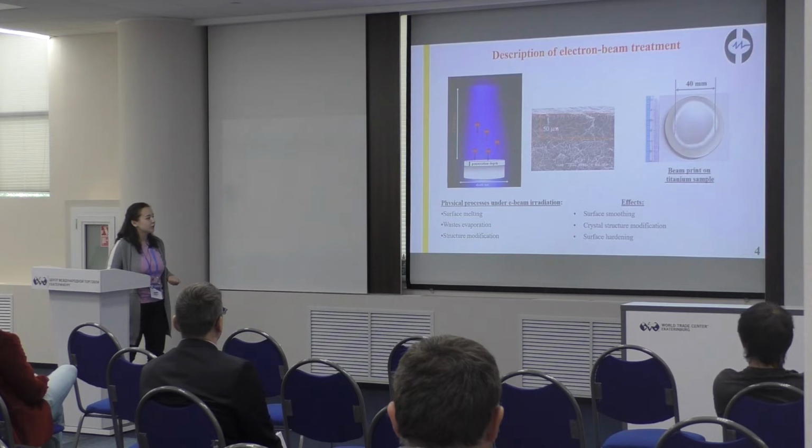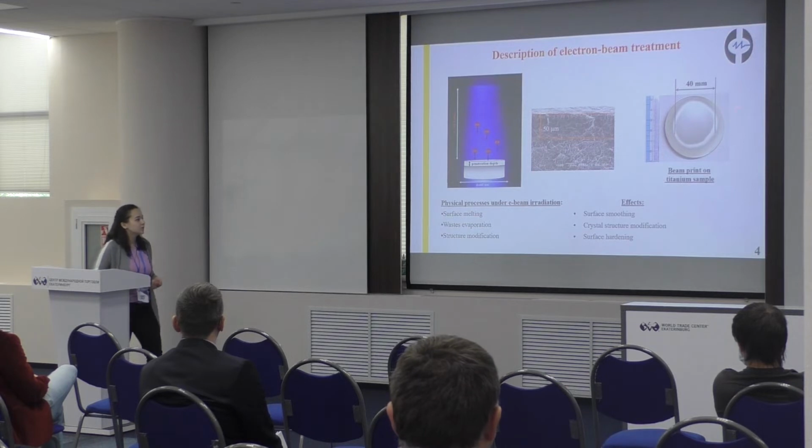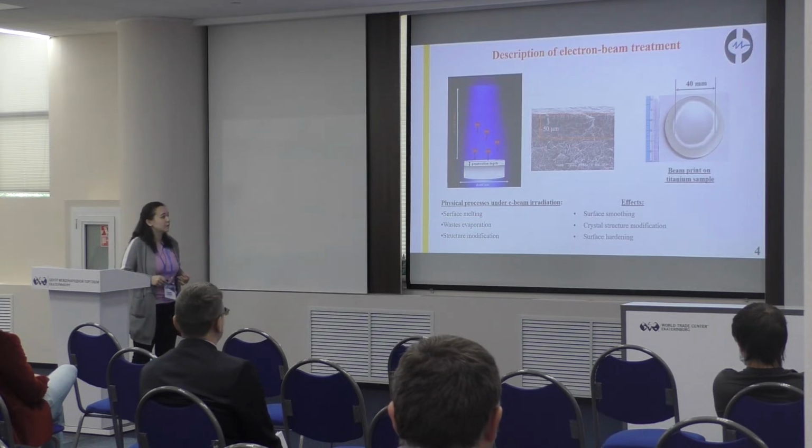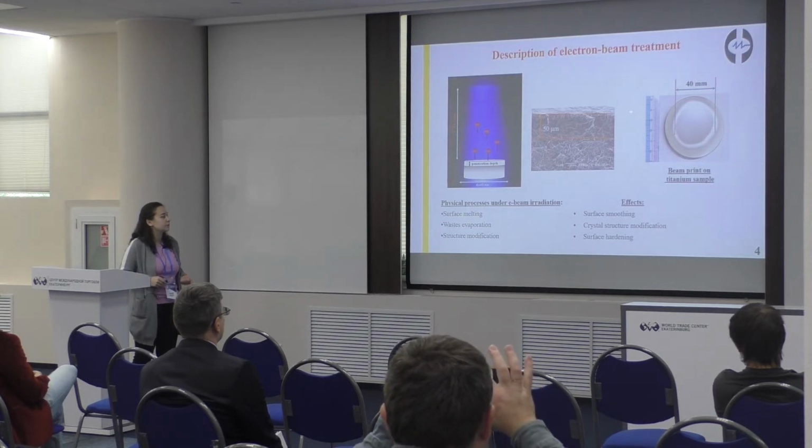Here you can see the structure of the irradiated material. Also, the diameter of the electron beam can reach 40 to 50 millimeters.